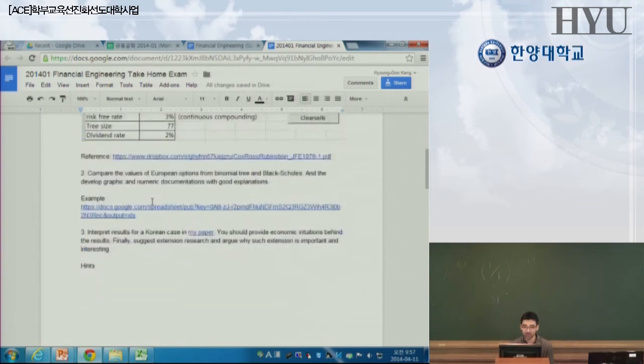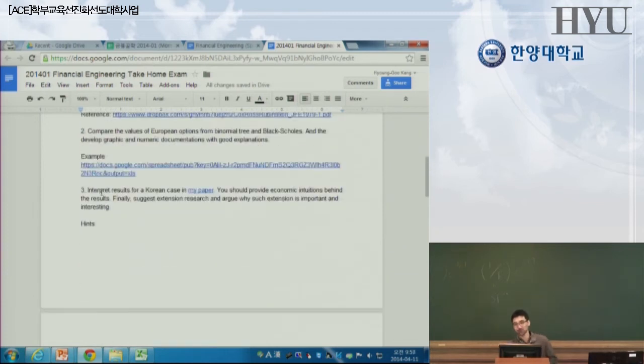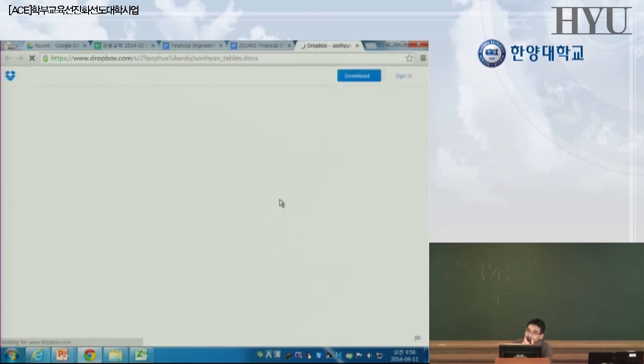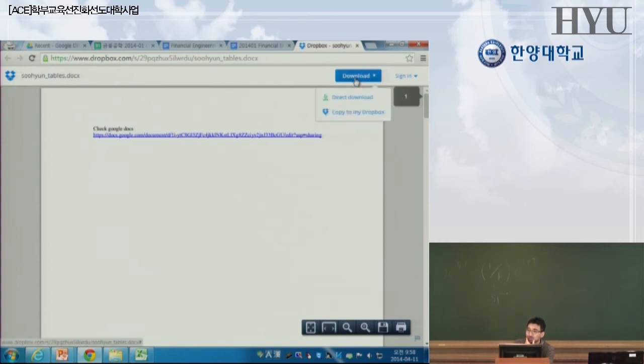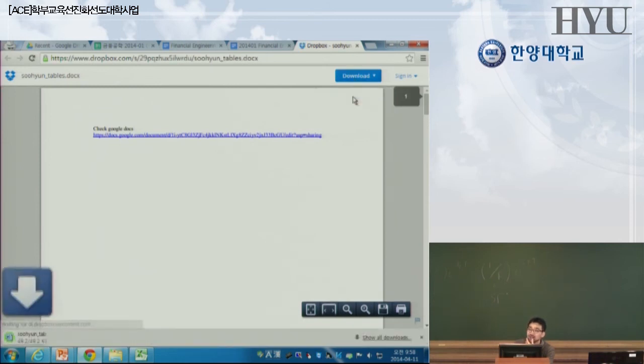And then I add one more question, question number 3. Basically I want you to interpret the results of my paper. This is my paper I'm working on right now. I only attach the tables because I don't want you to copy my interpretation.